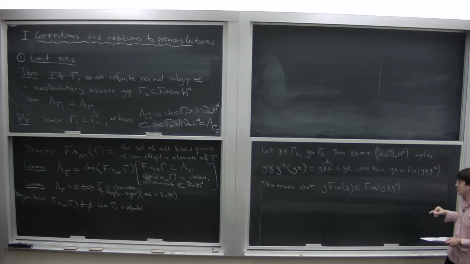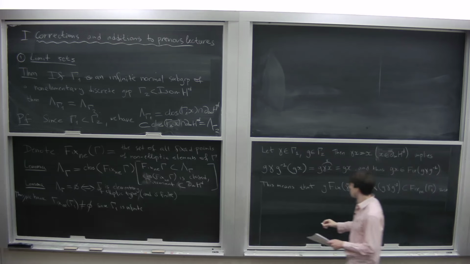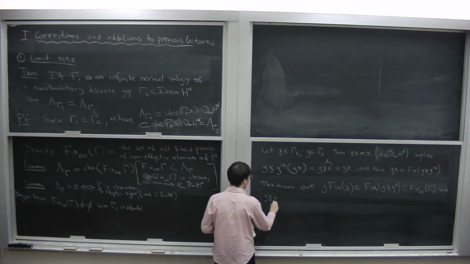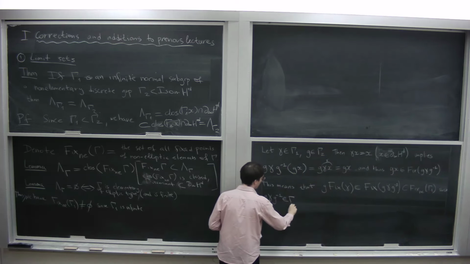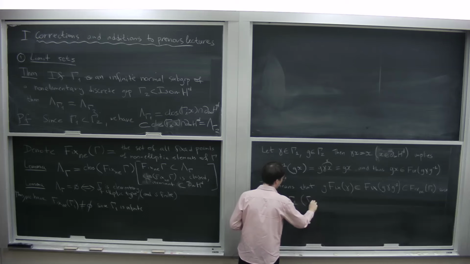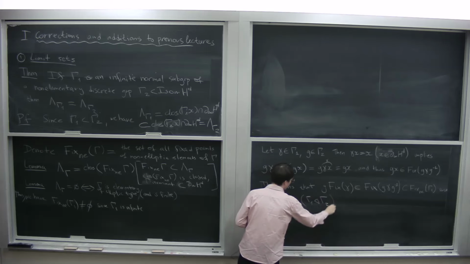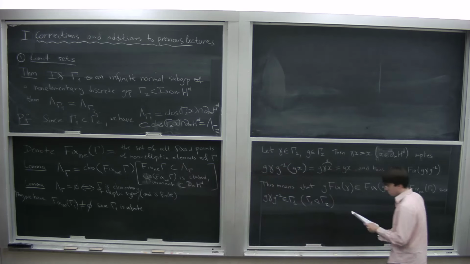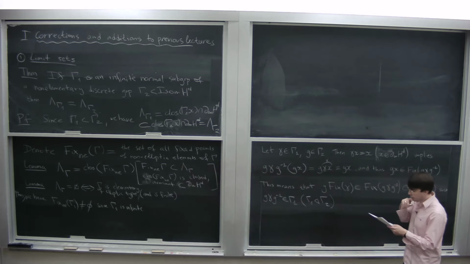So I obtain that this is basically a subset of the fixed set of gamma 1, since G gamma G inverse belongs to gamma 1. We recall that gamma 1 is a normal subgroup of gamma 2, right? But therefore I get the following.